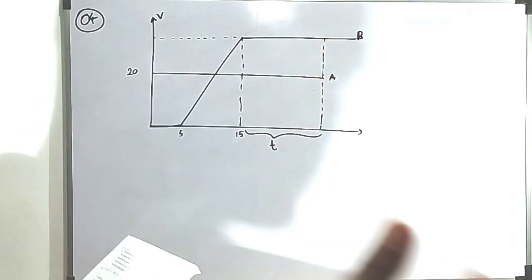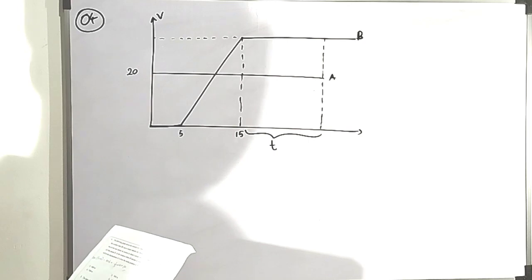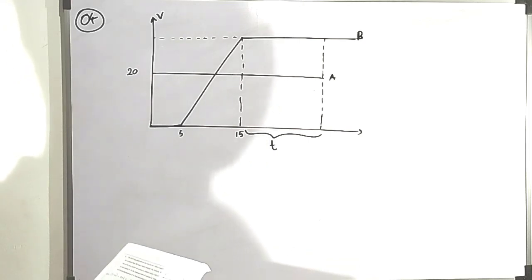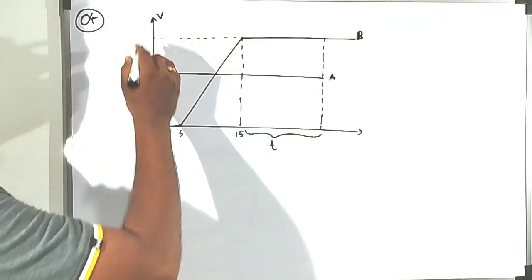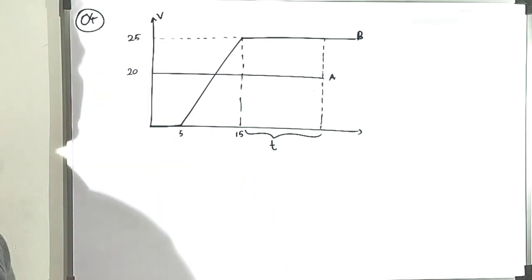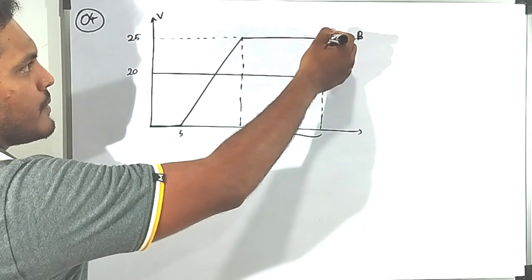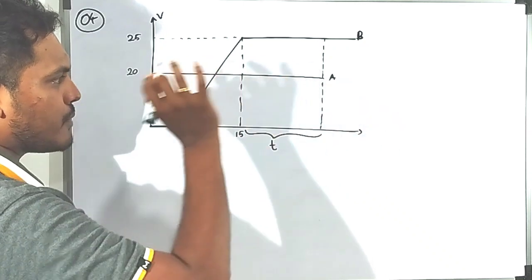At the meeting point, the displacements should be equal. Okay. This will be the meeting point.